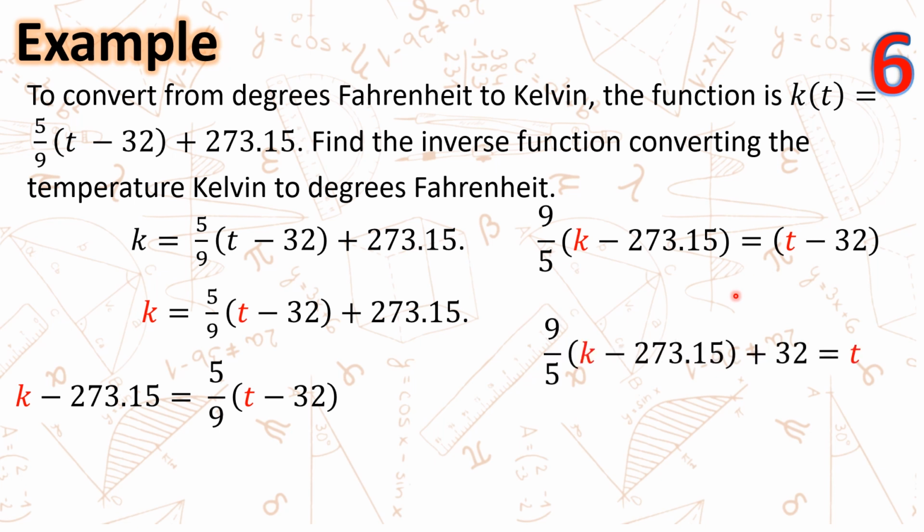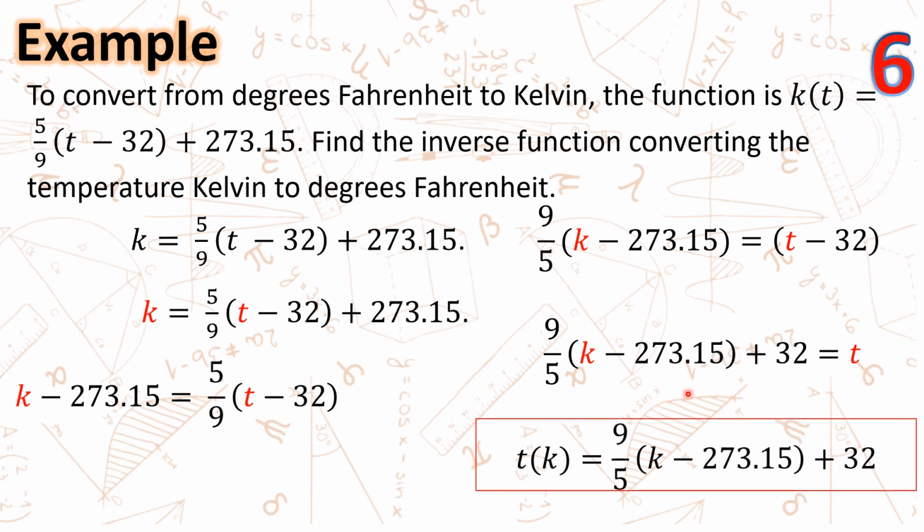We have 9/5 times the quantity K minus 273.15, plus 32, equals T. So this is now the formula for degrees Fahrenheit in terms of the Kelvin temperature. T of K is equal to 9/5 times the quantity K minus 273.15, plus 32.